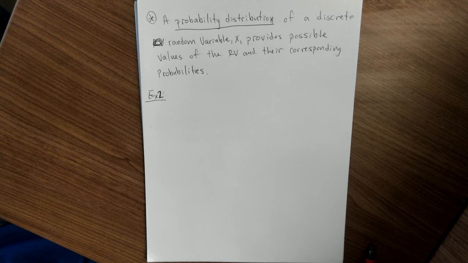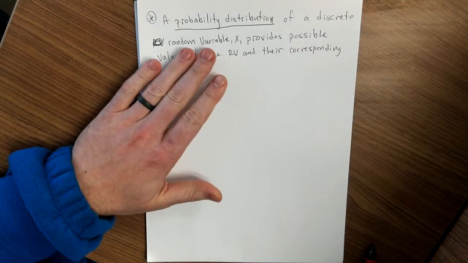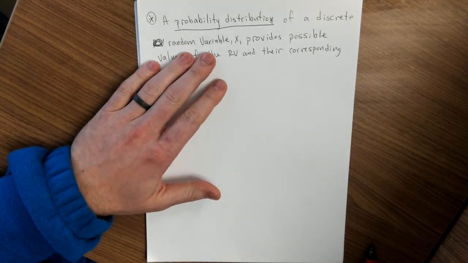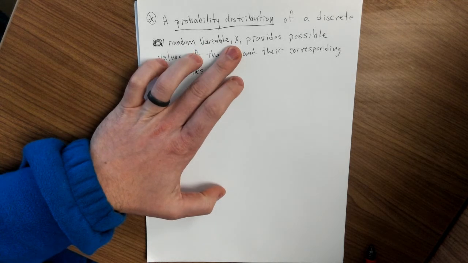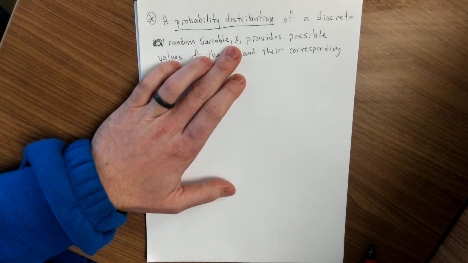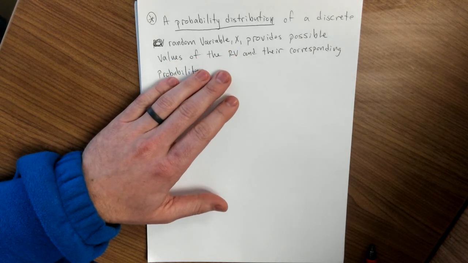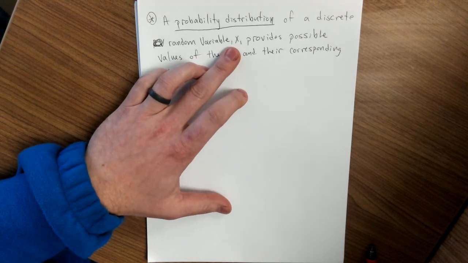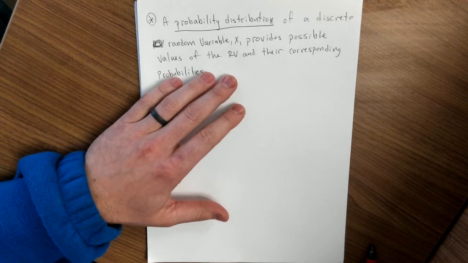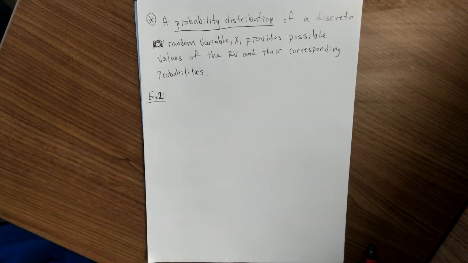So a probability distribution of a discrete random variable X provides possible values of the random variable and their corresponding probabilities. So let's break it down a little bit.